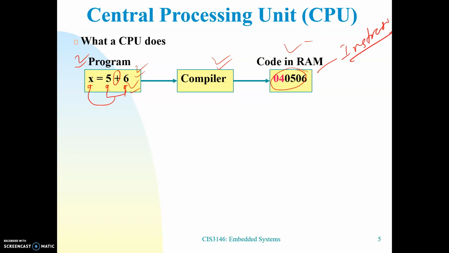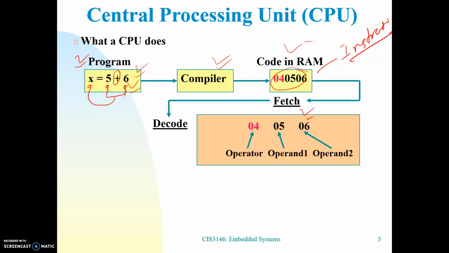for the computer system. So this instruction will get fetched and then it will get decoded. When it gets decoded, 04 is the operator, 05 is the operand, and 06 is the operand. So operand is 5, operand is 6, and the operation is plus. This is decoding the instruction. Then after decoding, execute the instruction.